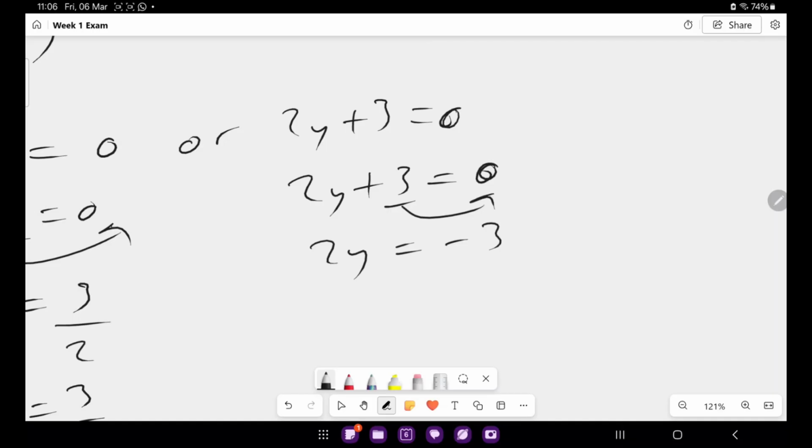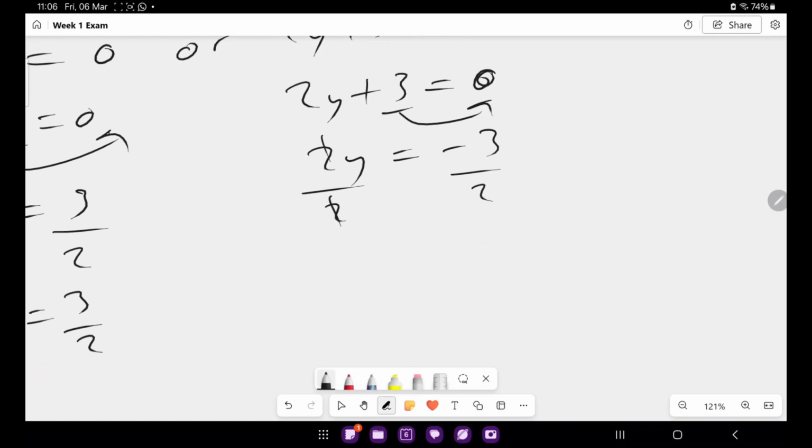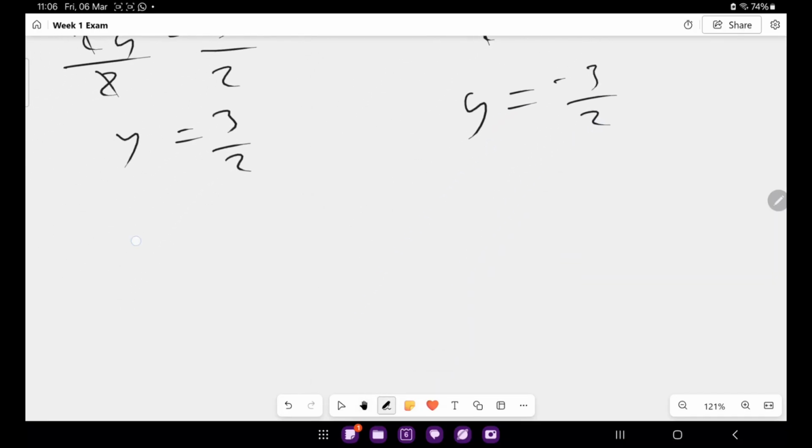And then 2y is equals to negative 3. Then we divide both sides by 2, and we get y is equals to minus 3 over 2. So now our answer will be y is equals to 3 over 2 or minus 3 over 2.